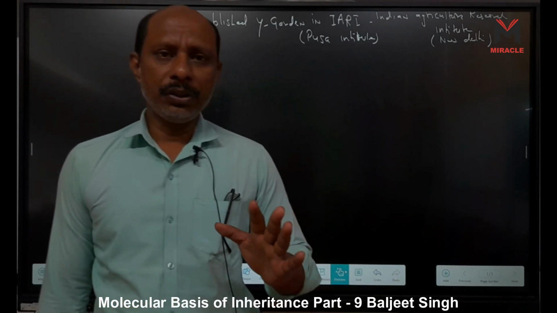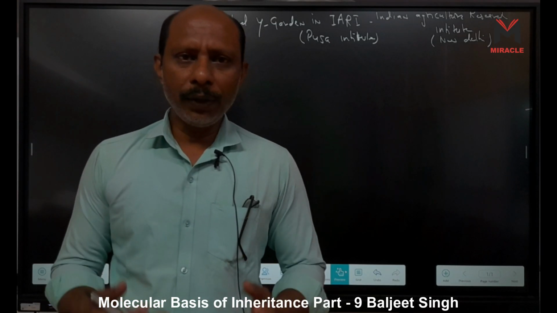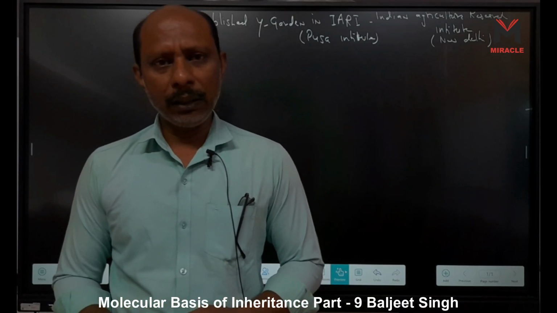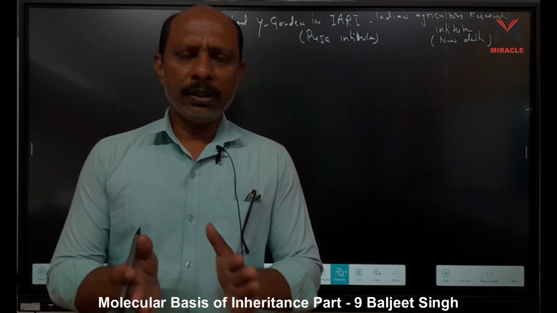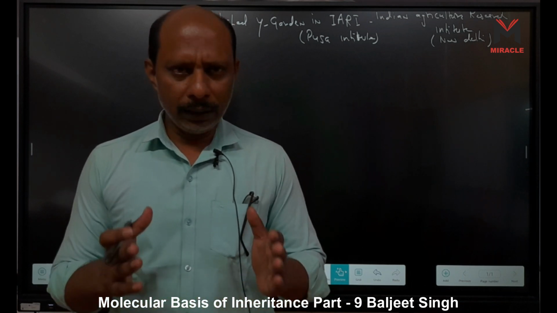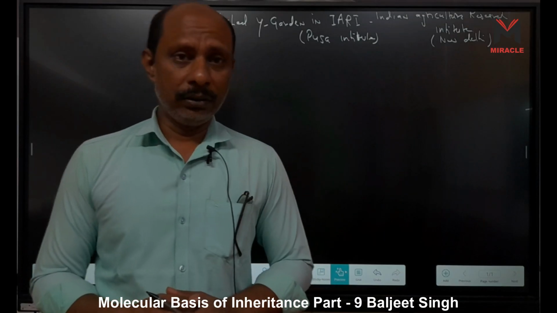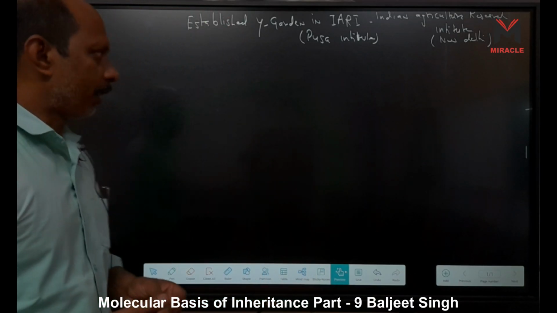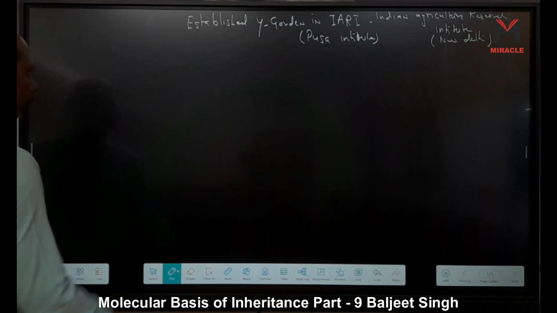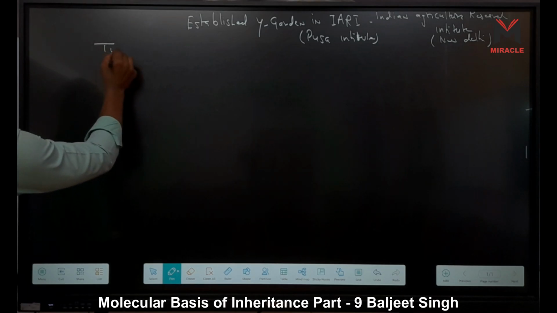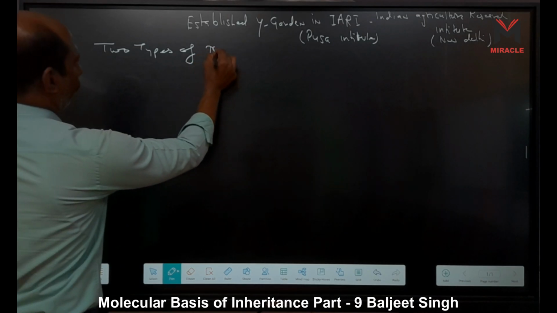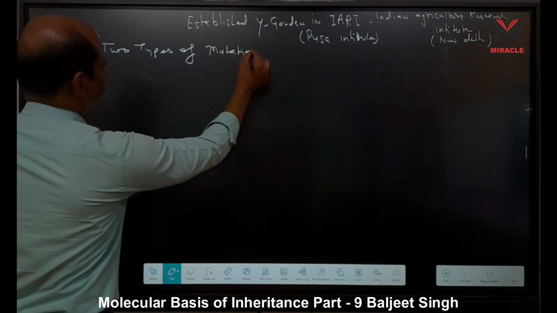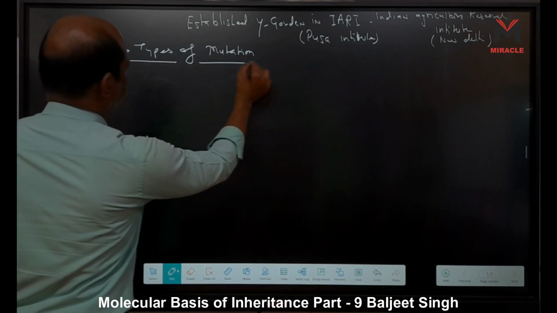Another one is gene mutation. Gene mutation means when mutation occurs not in the whole chromosome but within the chromosome, responsible for the alteration of genes. Then it is called gene mutation, right? Two types of mutations are there.